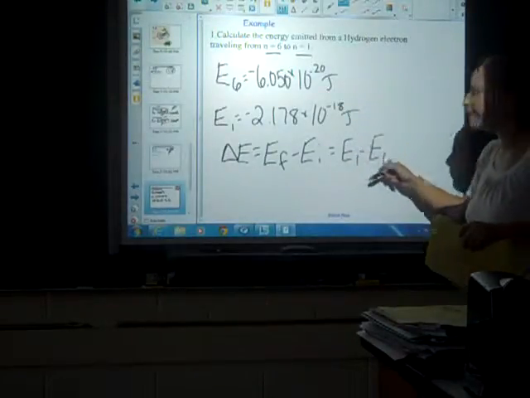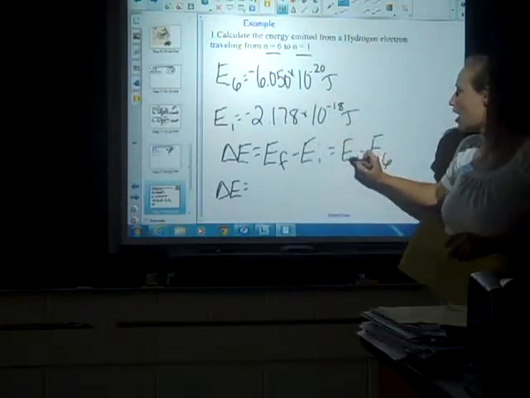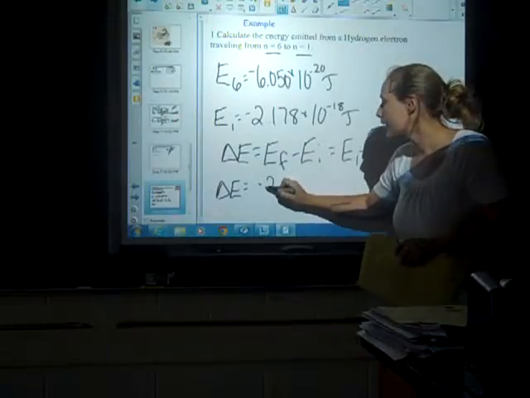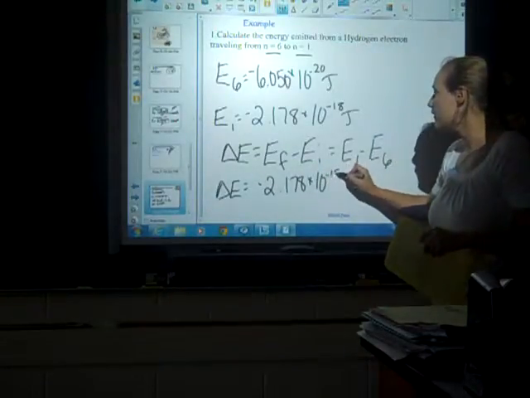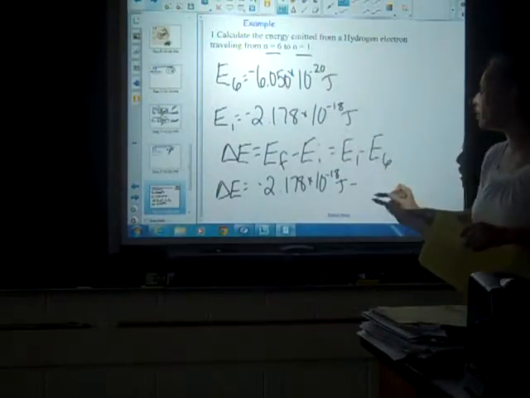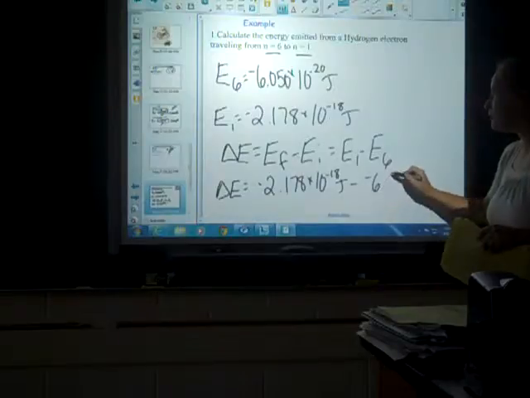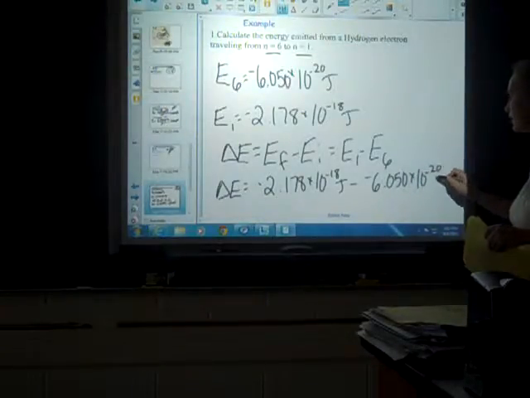So I plug in what I know. The energy at the final orbit, orbit 1, was negative 2.178 times 10 to the negative 18 joules, minus E initial. I'm starting at negative 6.050 times 10 to the negative 20th joules.